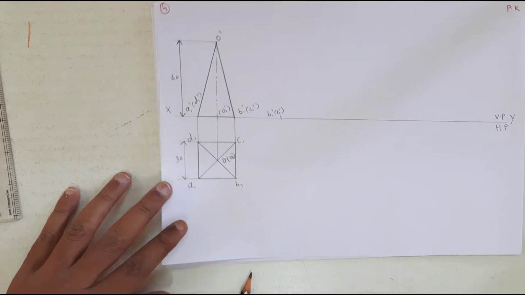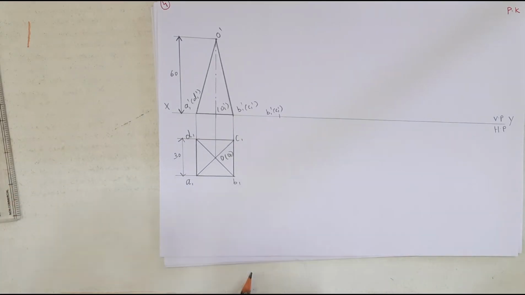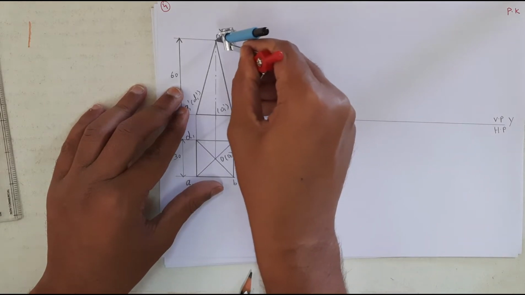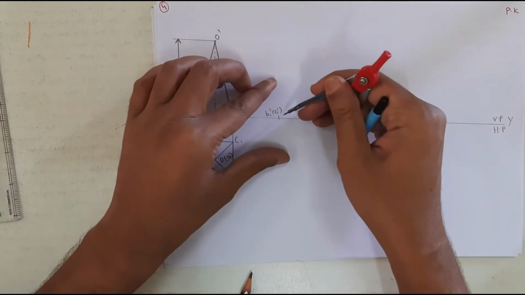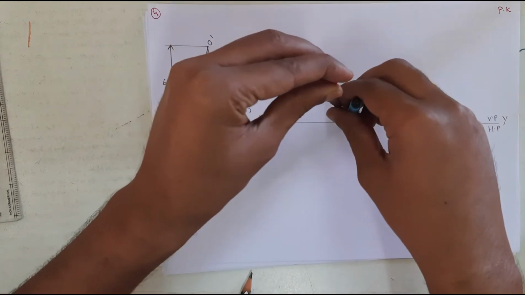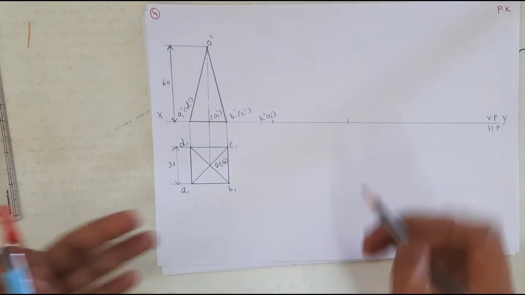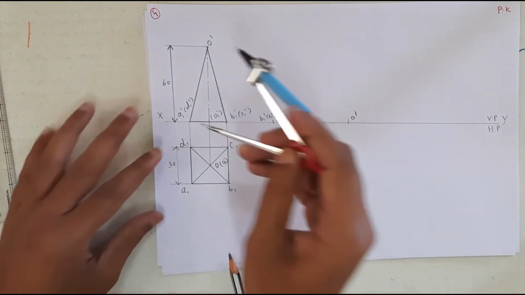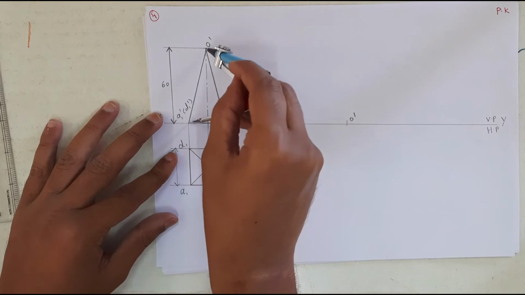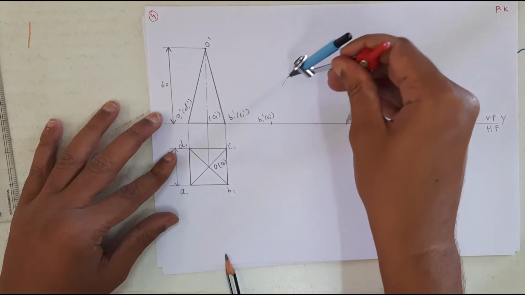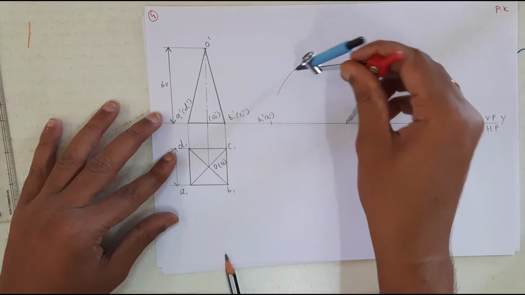Okay. So with the help of a compass, take the measurement from B1 dash to O dash and cut the arc. So this is O dash, and take the measurement from A1 dash to O dash. Cut the arc. Okay.